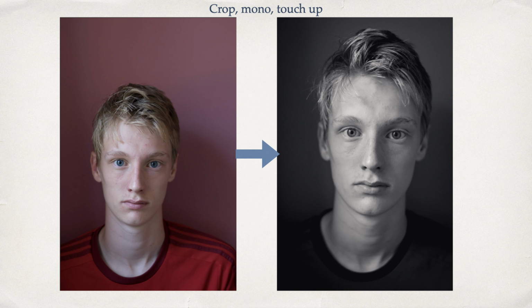This is one that my son will not appreciate. This is him probably about 5 years ago. It was meant to be a passport photo, but it kind of got a bit arty. But just by cropping it, turning it to mono and touching it up, I suddenly create probably the best portrait I've ever taken.